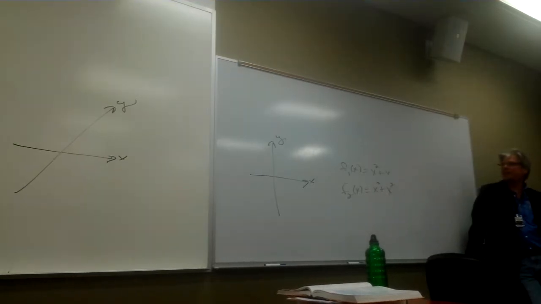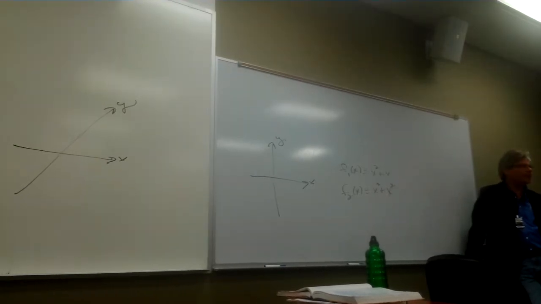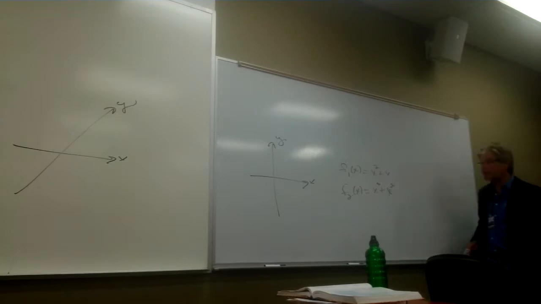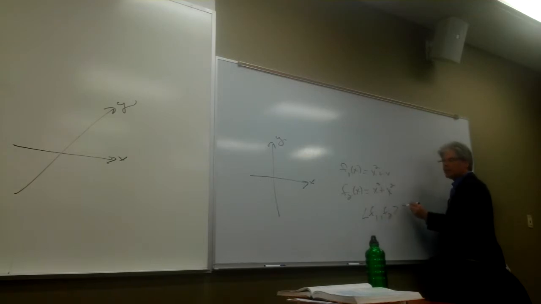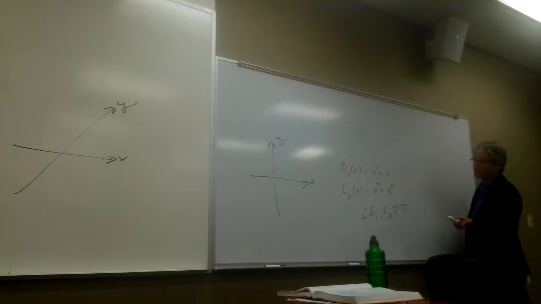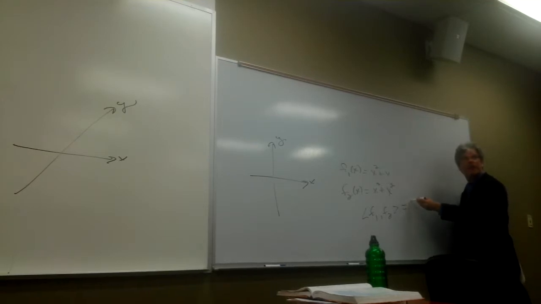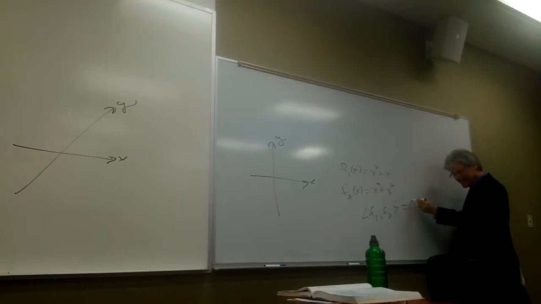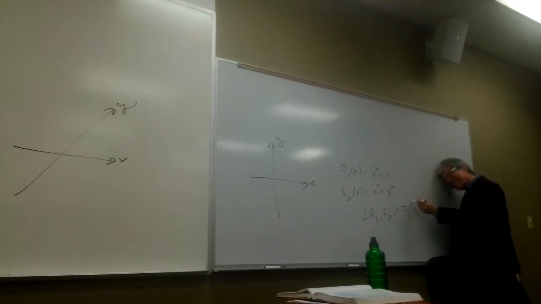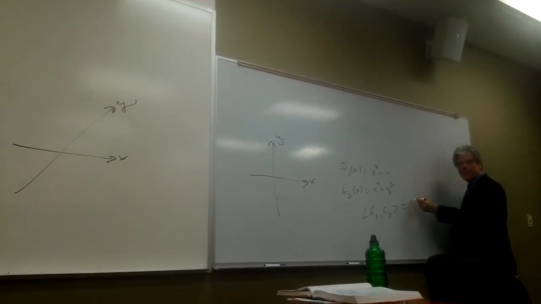If I were to look at the standard inner product in P3 of f1 and f2, the standard inner product gives me a value. You know, the homework you did last night. It's going to be the quantity of x squared plus x.